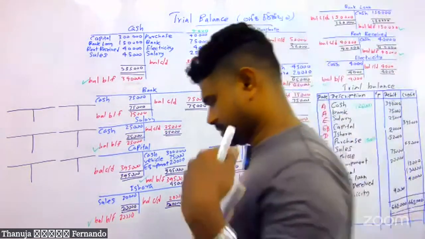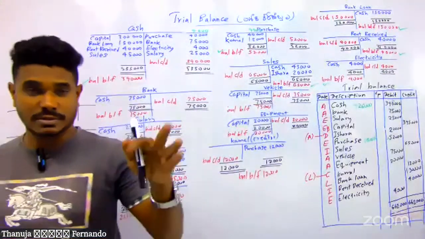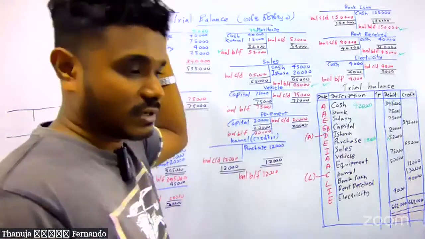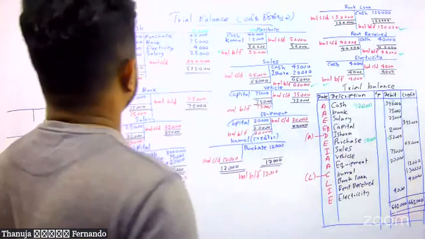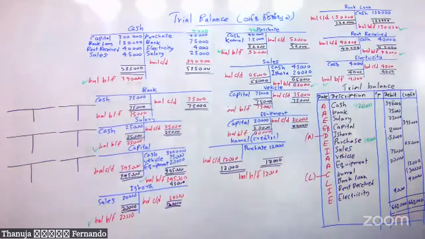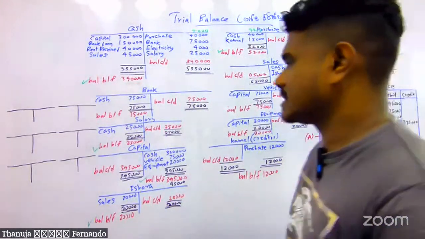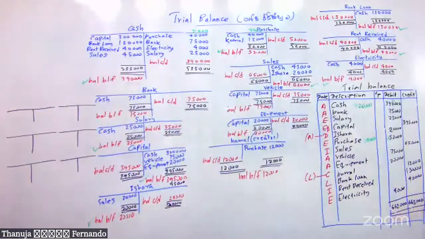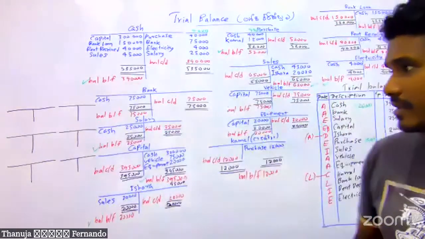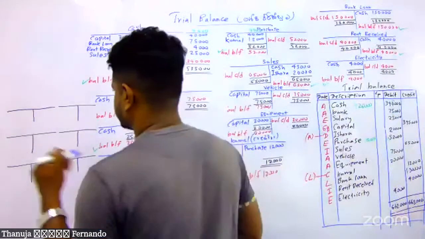Sorry, purchase invoice නෙමෙයි, cash purchase. Purchase invoice උනොත් ඒක credit purchase වෙනවනේ. Cash purchase for 40,000: 40,000 worth cash purchase has been recorded as 4,000 in the books.